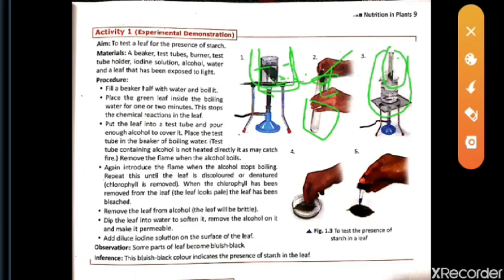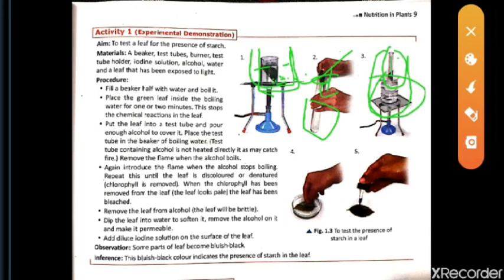When the alcohol starts boiling, remove it. When the test tube stops boiling, dip it again into the boiling water in the beaker.